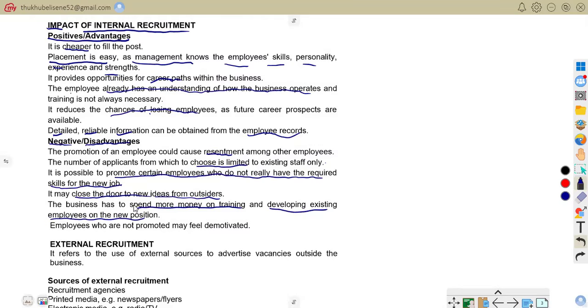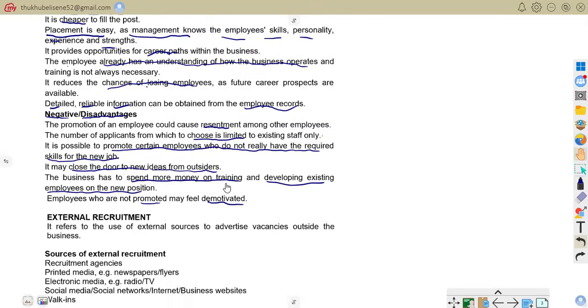That incurs cost for the business. Employees who are not promoted may feel demotivated. That is true. We are talking about demotivation of non-promoted employees. Others may feel discouraged. So staff morale drops when only one employee gets promoted. Hope we are together on that.